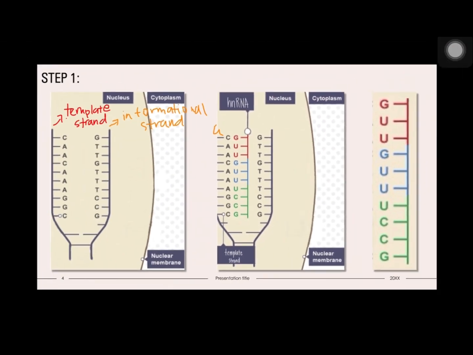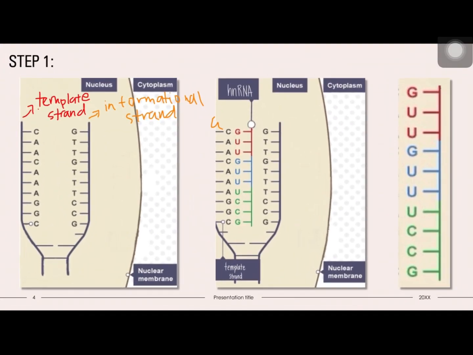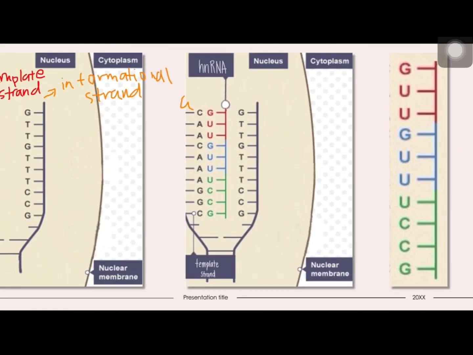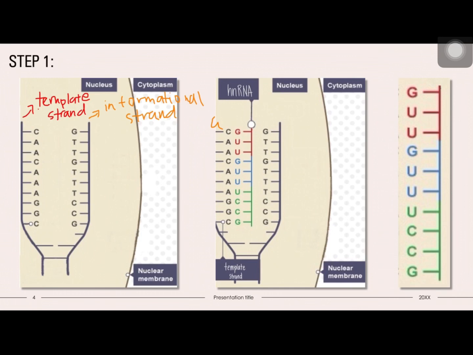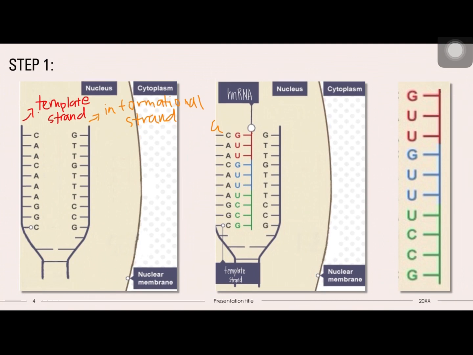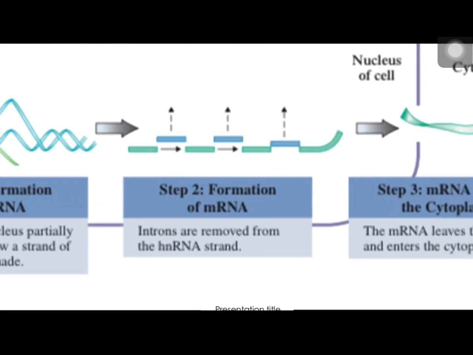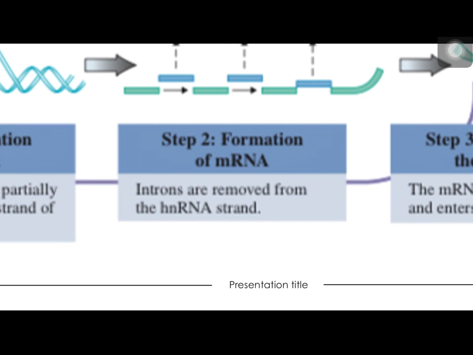So once the RNA polymerase encounters a stop codon, the newly formed RNA molecule and RNA polymerase are released and our DNA reforms to its original double helix. So we have now a newly formed hnRNA. So we have finished the first step in our transcription.